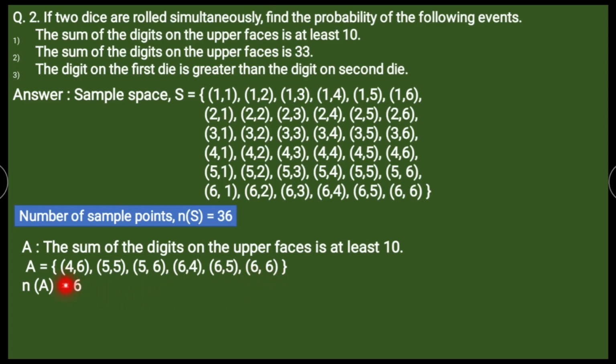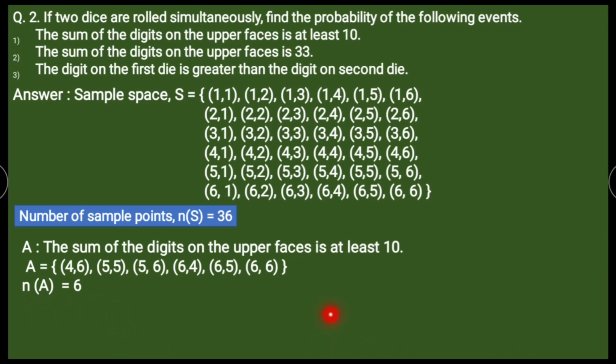If we add these numbers, 4 plus 6 we get 10, 5 plus 5 we get 10, 5 plus 6 we get 11, 6 plus 4 we get 10, 6 plus 5 we get 11, 6 plus 6 we get 12. That means all these elements satisfy the condition that the sum is 10, 11 or 12. So n(A) equals 6.